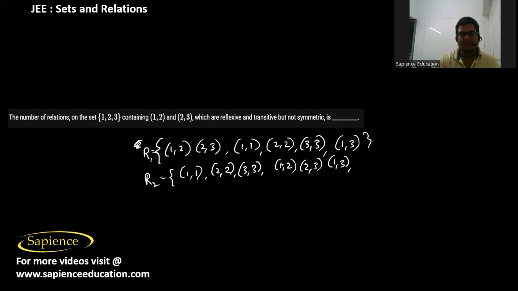So we can add (2, 1), but (3, 2) is not there, so it is not symmetric, but it is transitive since (2, 1) is there, (1, 3) is there, so (2, 3) is also there.